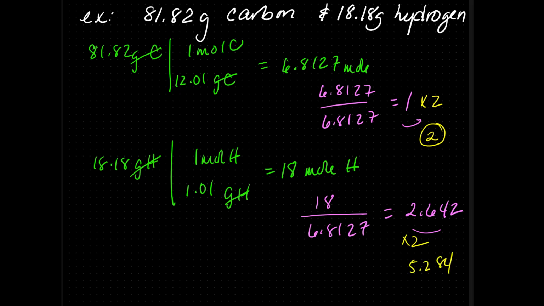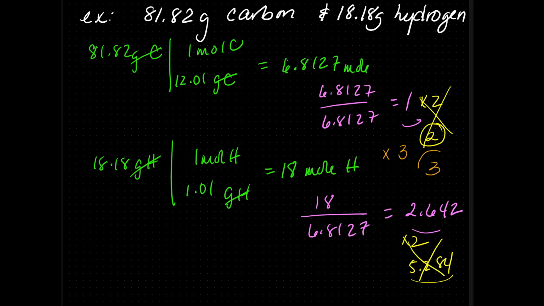5.284. This number is very difficult to round to a whole number. So 2 is not the correct factor that I need to multiply. So I'm going to try the next one, which is 3. So if I multiply by 3, 1 times 3 is 3.